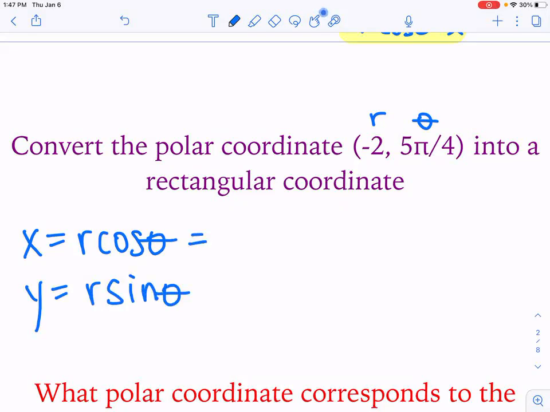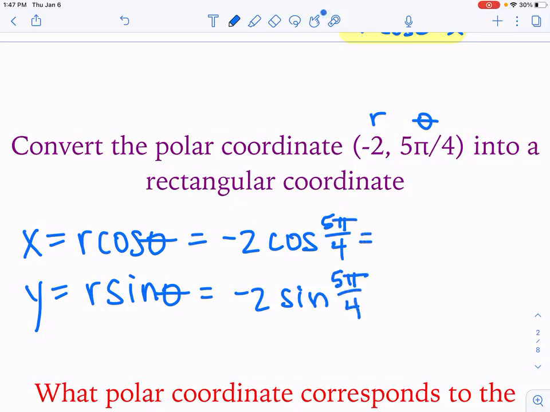So if I want my x coordinate, I can take r and theta and evaluate what x and y are.